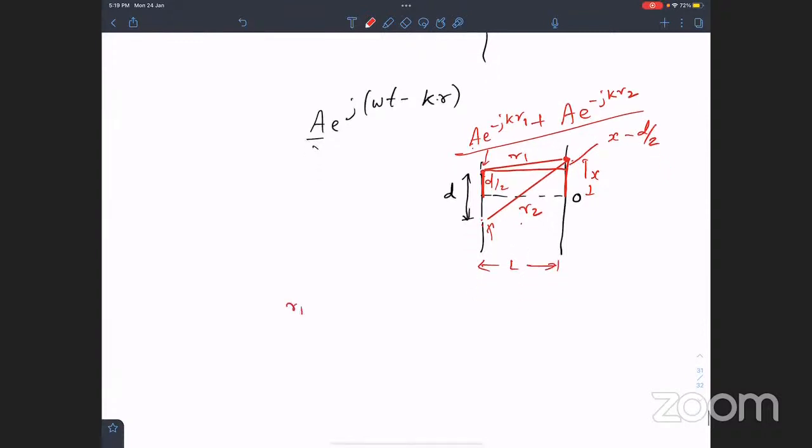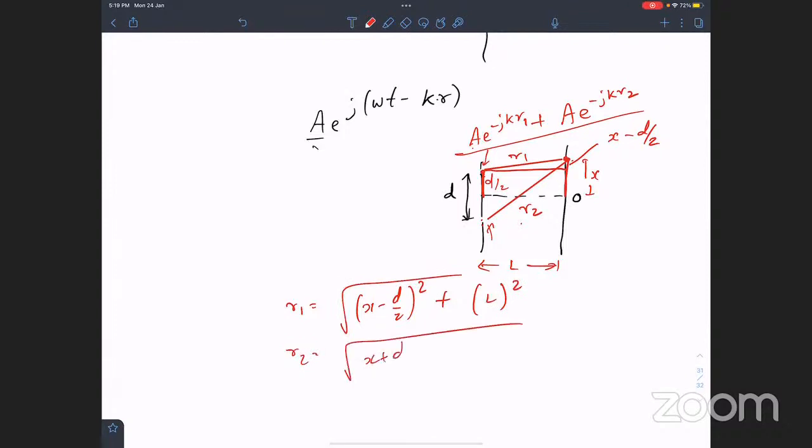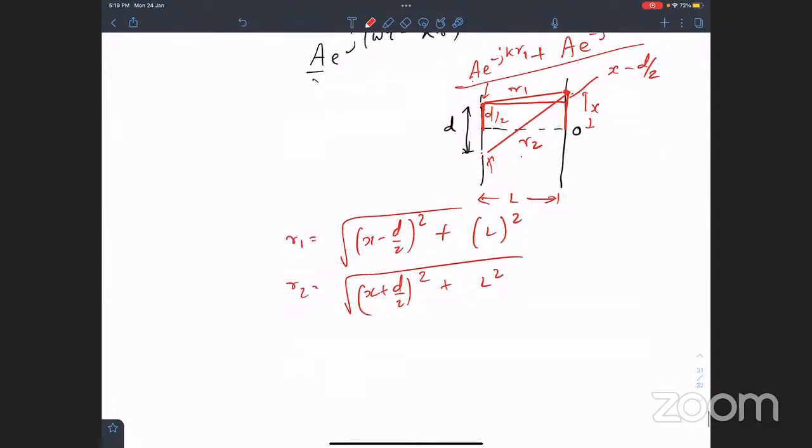So R1 is the square root of (x minus d by 2) whole squared plus L squared, and R2 is the square root of (x plus d by 2) whole squared plus L squared.